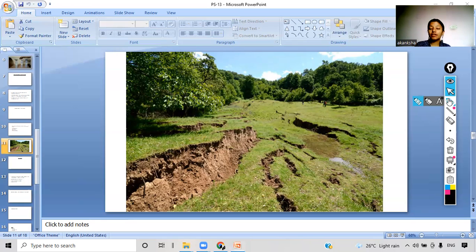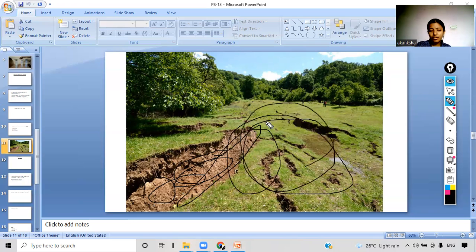Yes, you all are answering it correctly. There is no tree in this area, right? As there are no trees, the soil is getting cracked. But here, as you can see, there are so many trees, the soil is not getting cracked in these regions. But as there are no trees, the soil got cracked, right?